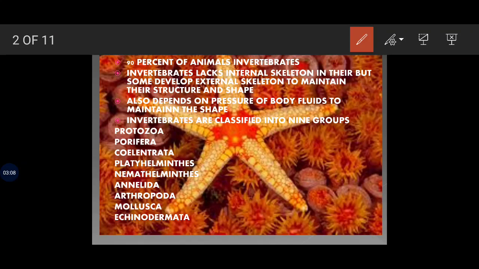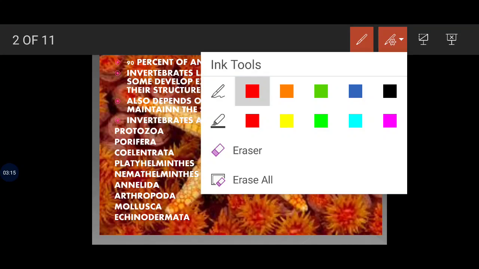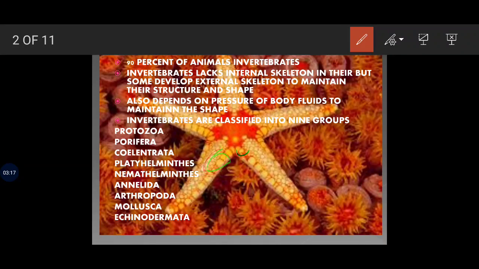Okay, just for an example, take the oyster. If I talk about the oyster, what you will see inside is a cushion-like structure. That means the organism's body is cushion-like, muscular, and it holds the pearl.